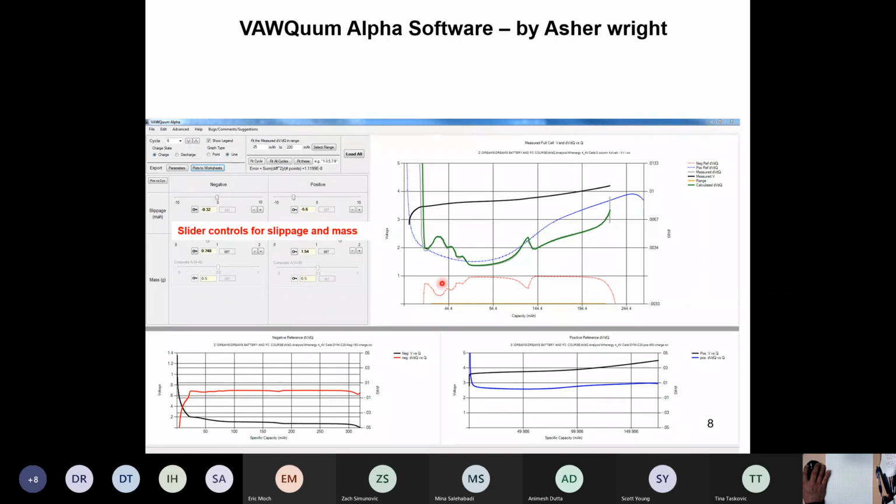What does that mean? That means where do you position the negative electrode starting point in this calculation, and the positive electrode slippage, which means where do you position the positive electrode in this calculation. So there's these 4 things that you can manually adjust, and when you get close, you can automatically fit.